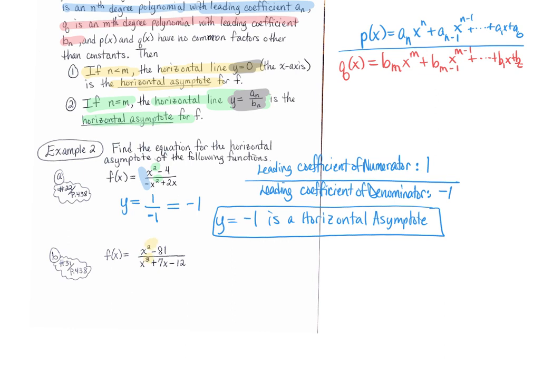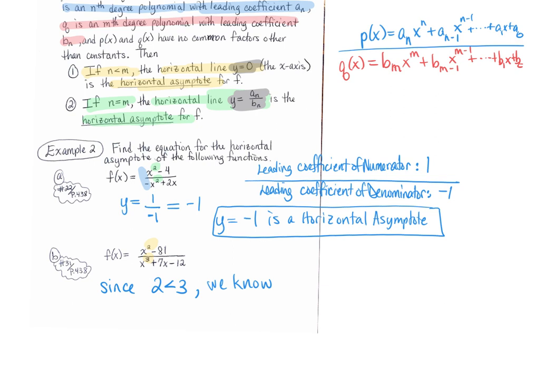Yes, we're in the first one. Since 2 is less than 3, what do we know?